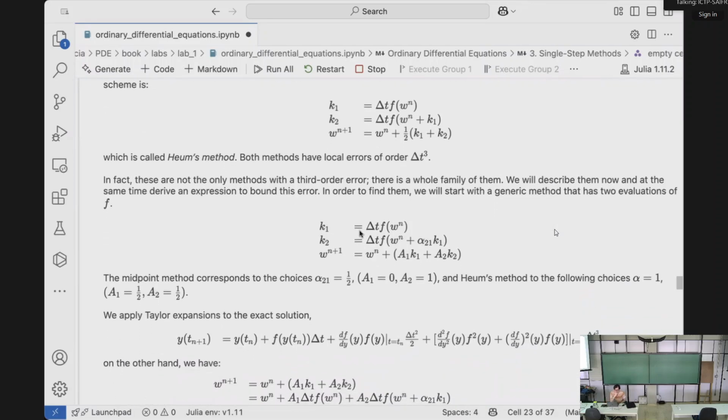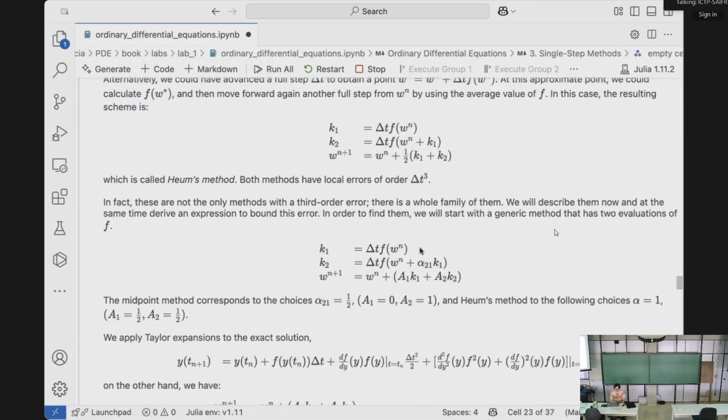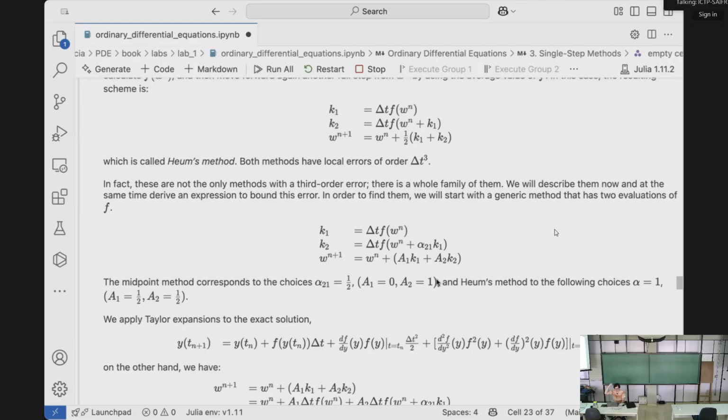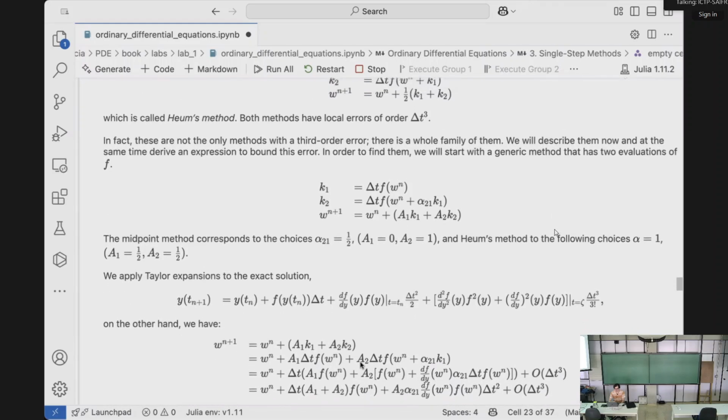And actually we can do it in a more general way, just defining, okay, instead of doing this, we will do this step here, where we have defined some constant alpha and two other constants a1 and a2 to try to get to the next step. And we do some Taylor expansion, and we can see several values of alpha, a1 and a2, and see what order the methods end up being, right?